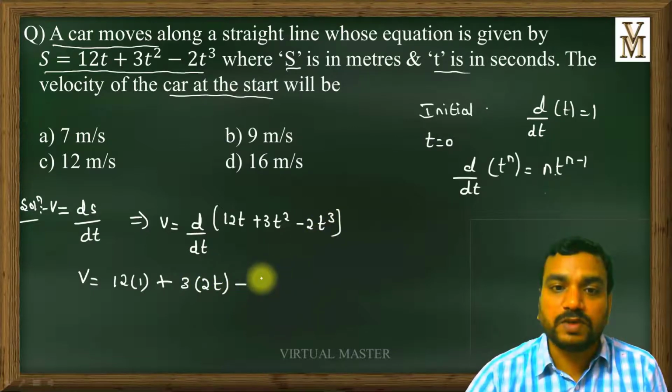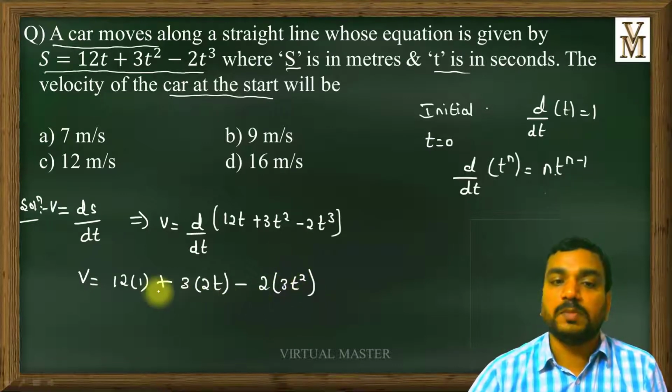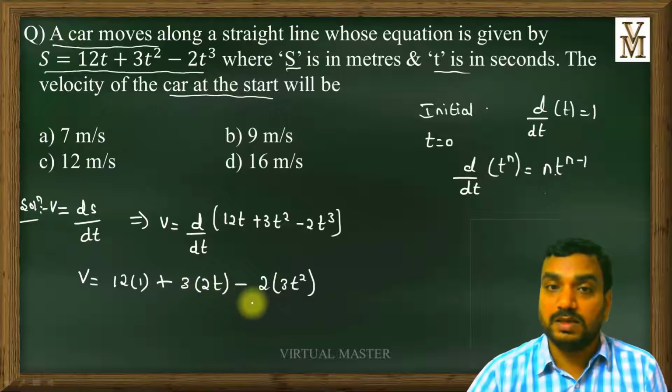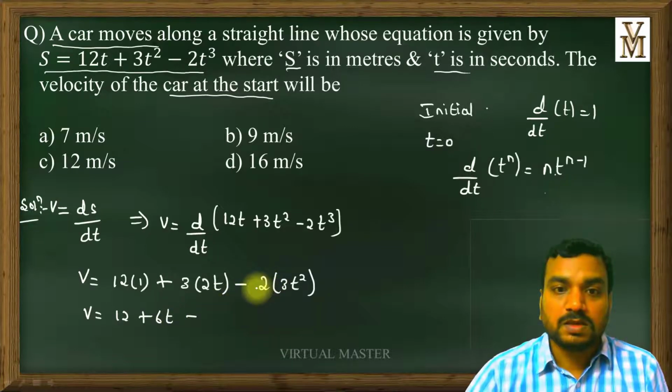Similarly, differentiation of t cube will be equals to 3 into t square. Okay, so I am writing the equations directly. Now v will be equals to 12 plus 3 twos are 6t, minus 2 into 3 is 6 t square.